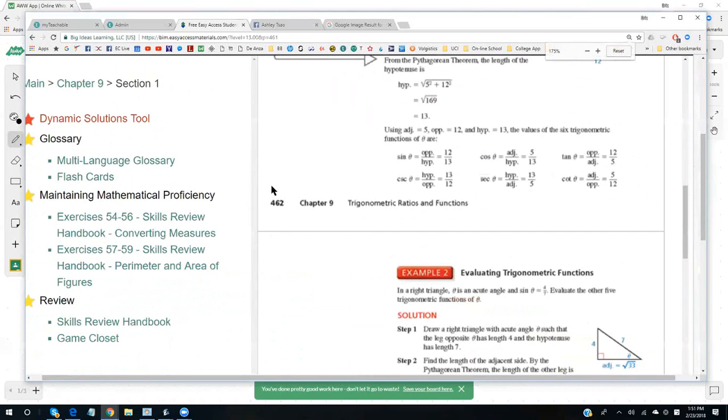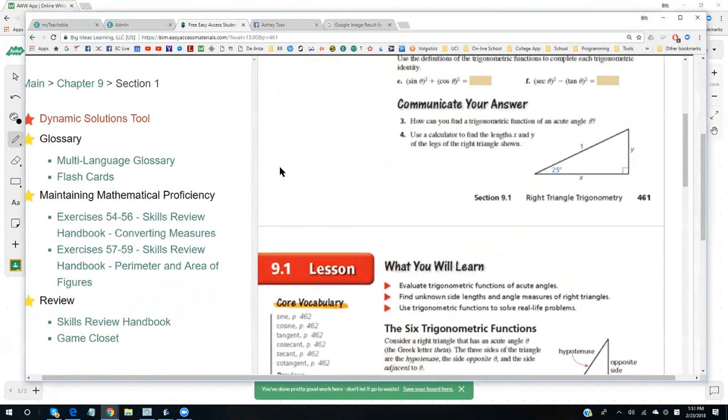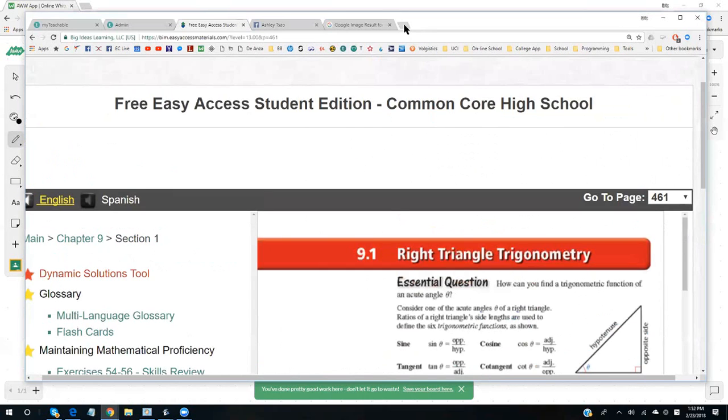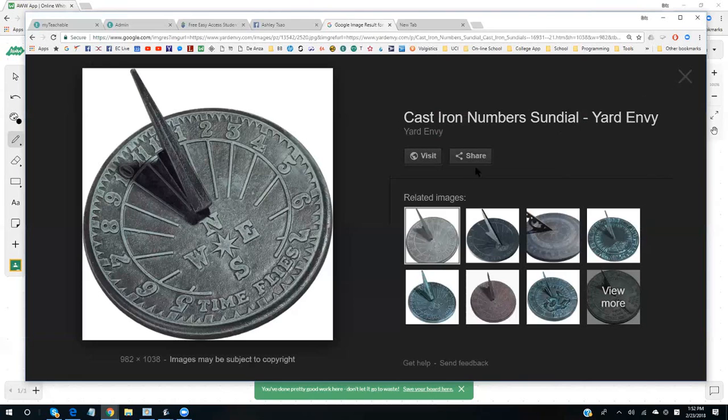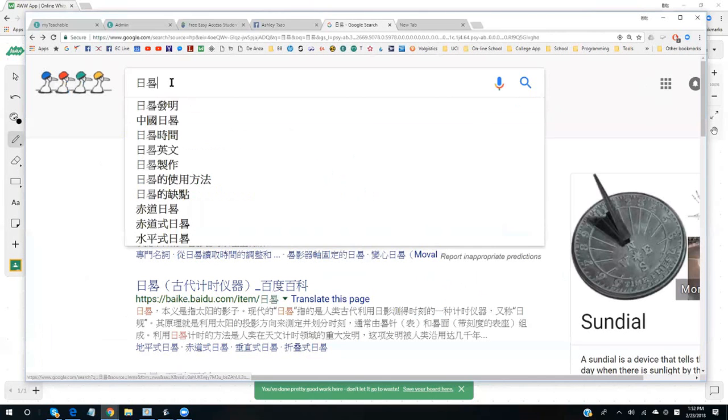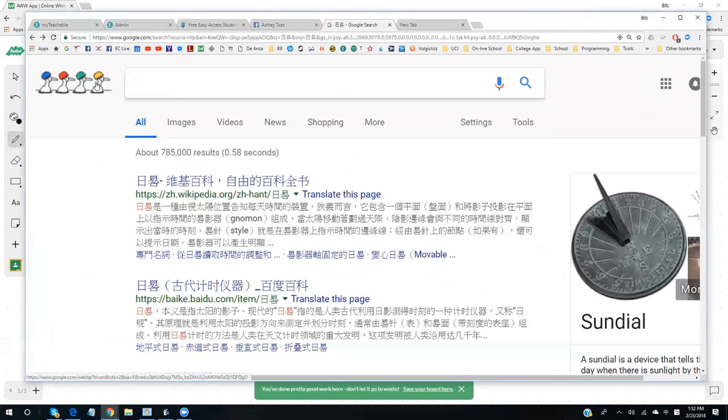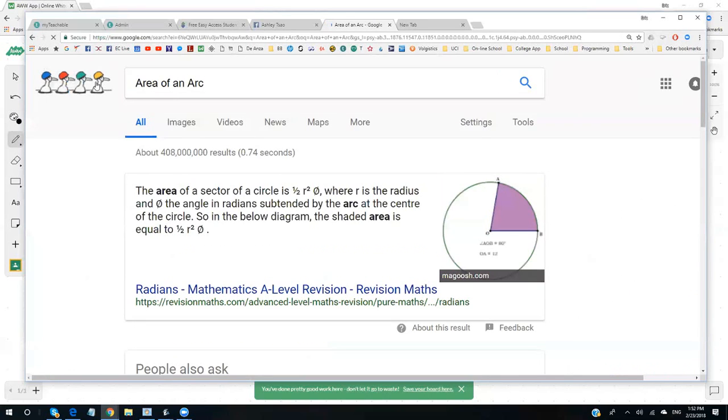I really don't know what your textbook calls it, but there's a name for it. Let me try to check it. Okay, this is called area of sector.